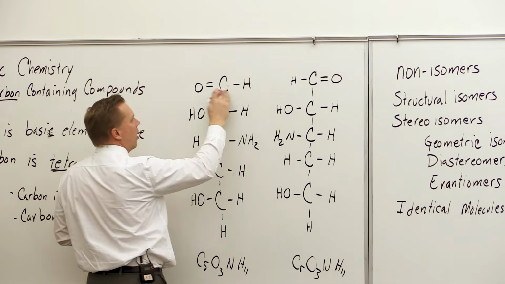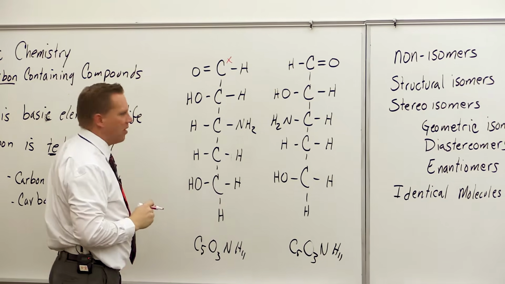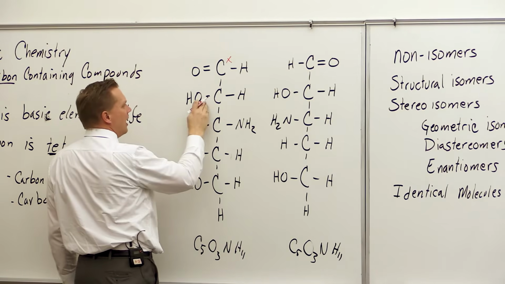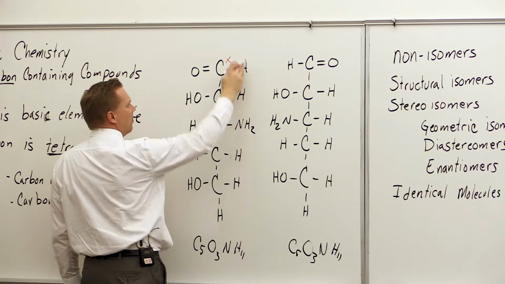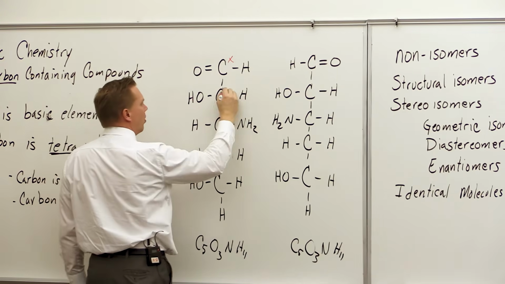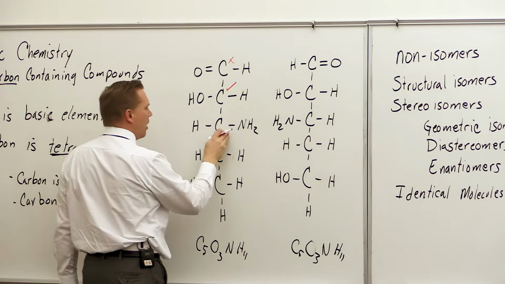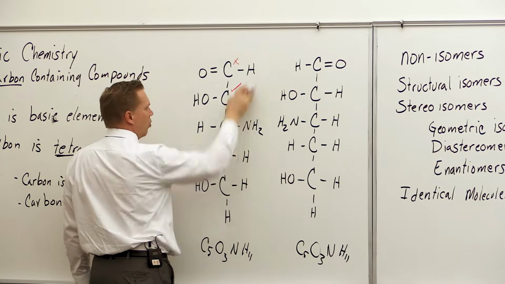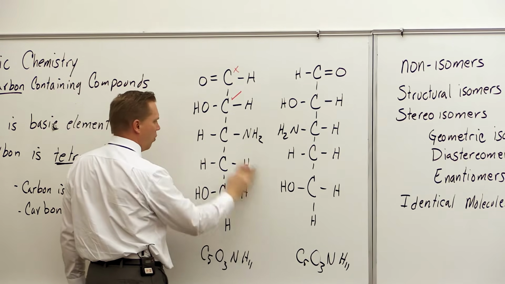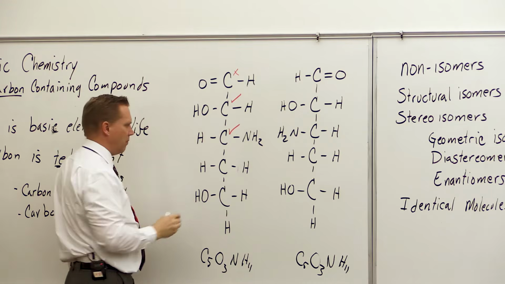So I look at this carbon, double bond, so that's automatically an X. It's not asymmetric. Here I've got an OH, an H, that group, and then this whole rest of the molecule. That one is asymmetric. Right here I've got 1 group, 2 group, 3 group, 4 groups. That one's also asymmetric.